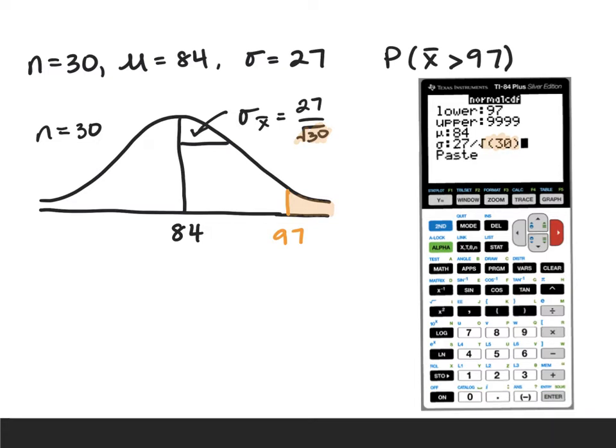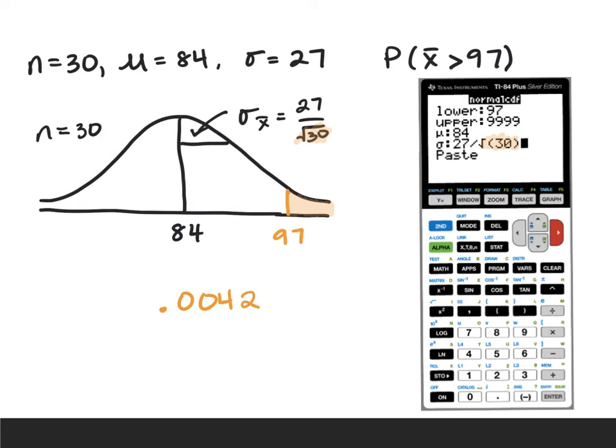So when I put this in and actually calculate, I end up getting quite a small number indeed. It looks like 0.0042. It's 0.00417, but it would round to 0.0042.